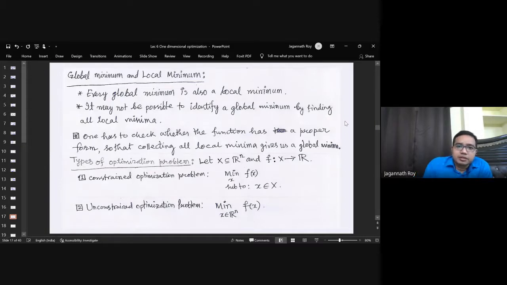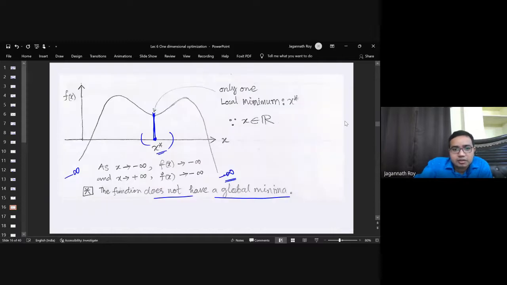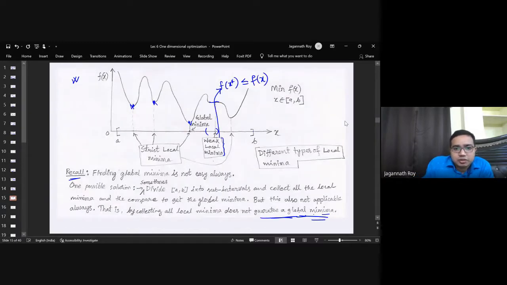Similarly, about global minimum and local minimum: every global minimum is also a local minimum. Yes, that's true. If you think about this one, this is a global minimum. But if you think about this particular interval, in this interval it is a local minimum.